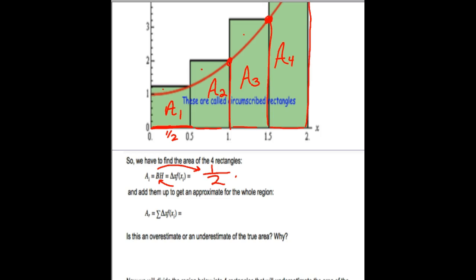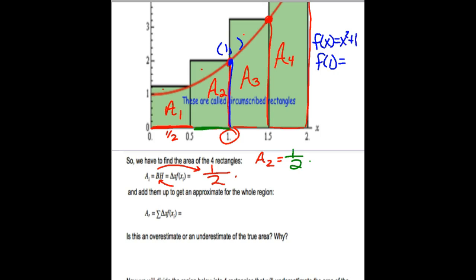For instance, let's do the area of rectangle 2. I would do its base, which is a half, times its height. Well, right here, sorry, I'm trying to draw in blue. Right here, to get the height of the rectangle, this is at the point 1 comma f of 1. And f of 1 is, remember that curve is x squared plus 1.